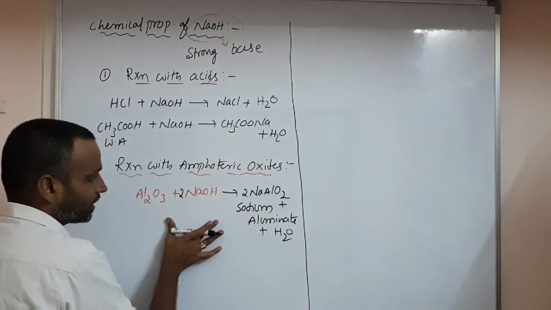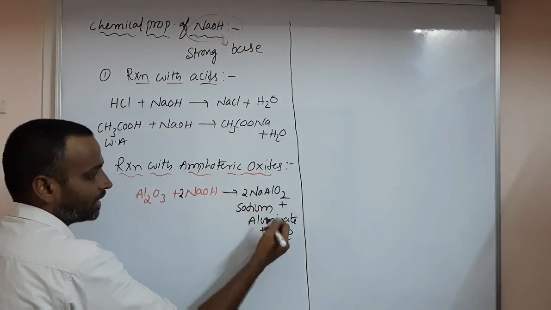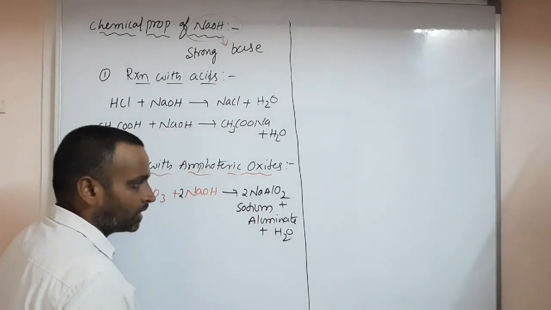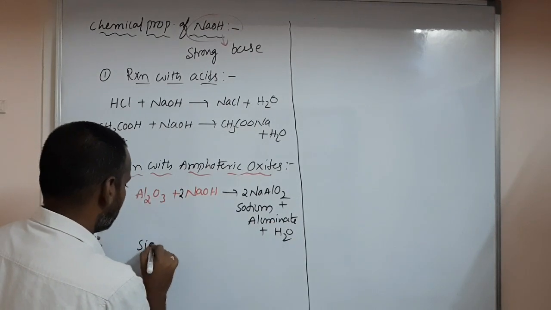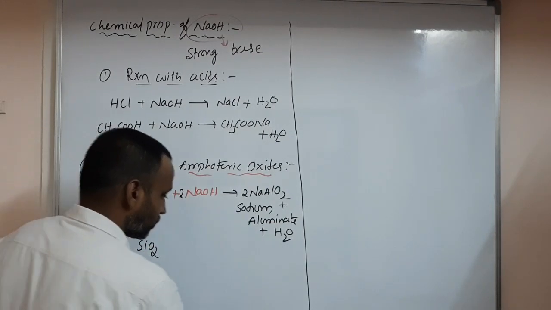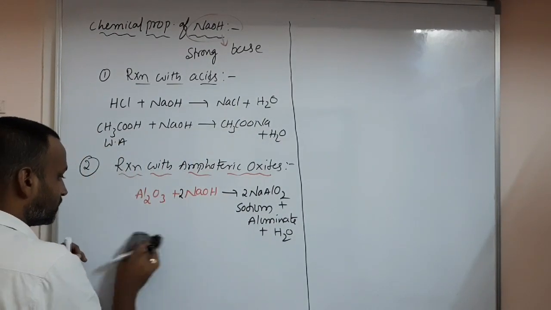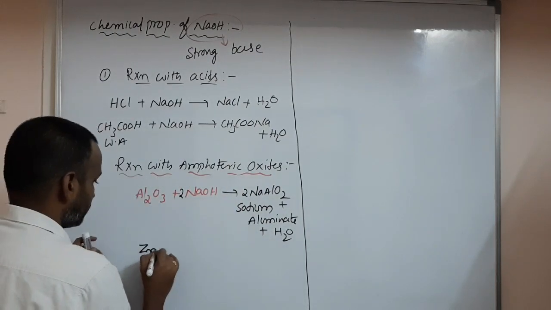When an amphoteric oxide reacts with sodium hydroxide, an aluminate forms, like that. Suppose silicate, suppose SiO2, sodium silicate will come. If you want, I will write, but here I will write with ZnO.